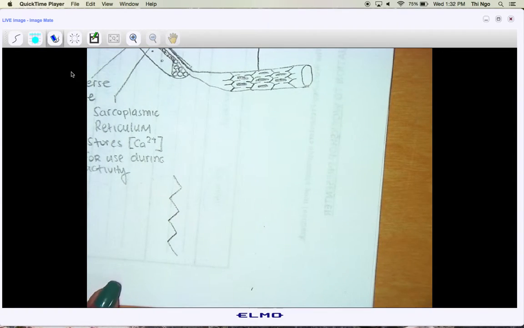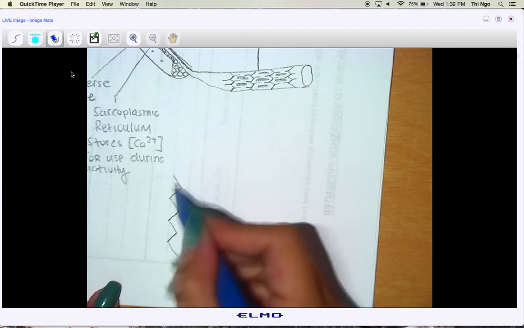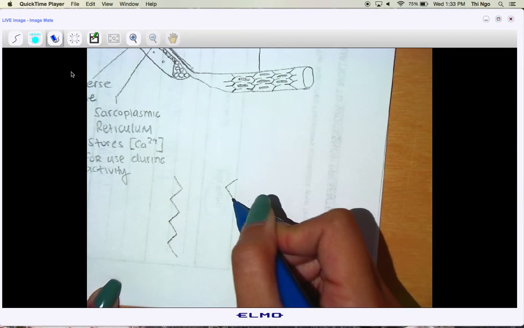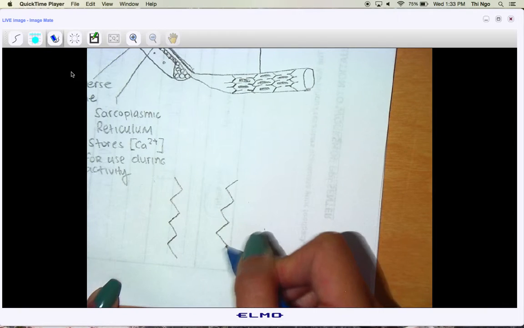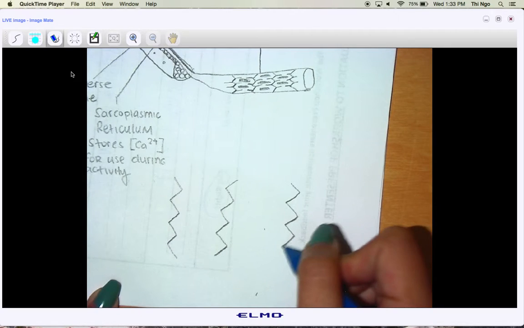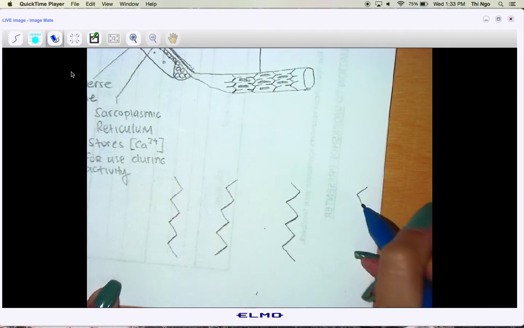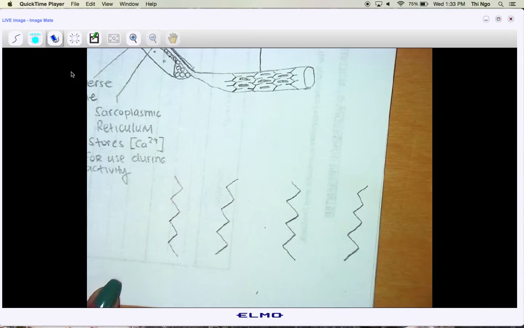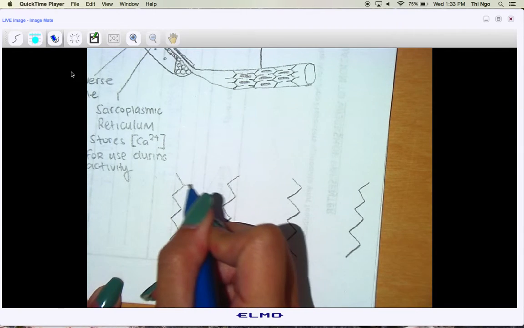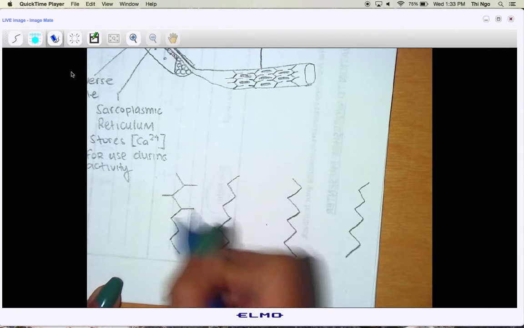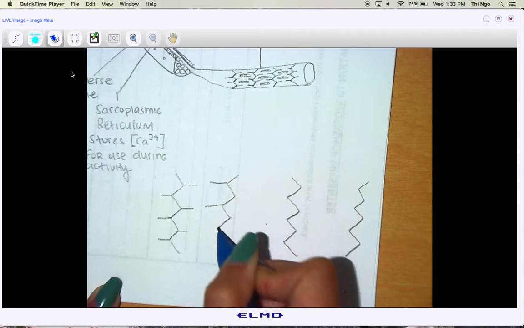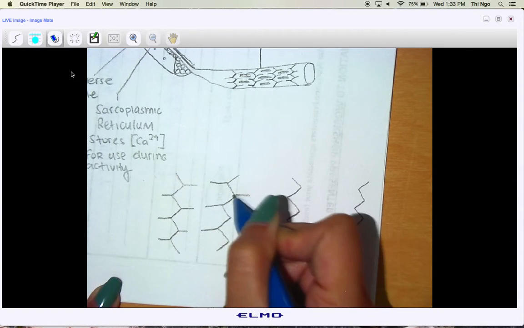And if you need help, you want to pay attention to the number of peaks that you have, because the two actin filaments are actually supposed to mirror each other. So we have our actin filaments, and we have these little filaments off of those lines coming towards each other but not actually touching.